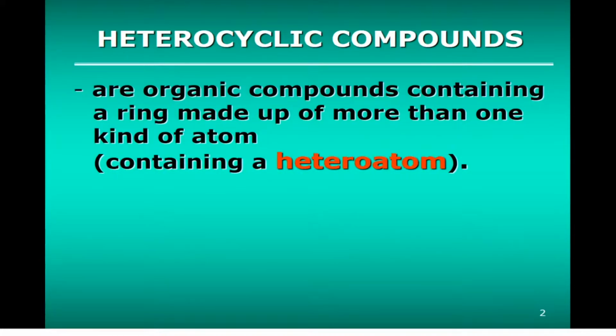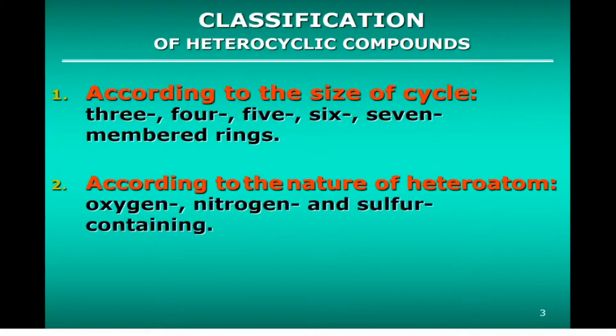Classification here is as important as for aliphatic compounds, because a huge number of heterocyclic compounds can be found in nature, and they differ greatly in their chemical and biochemical behavior. That's why classification is so important. There are four types of classification.